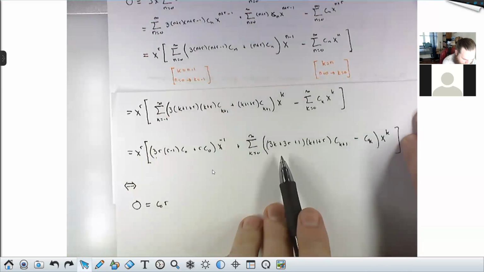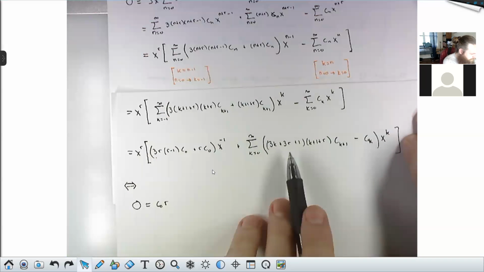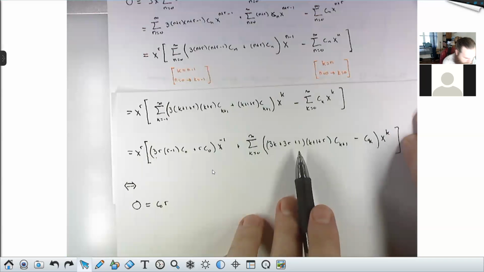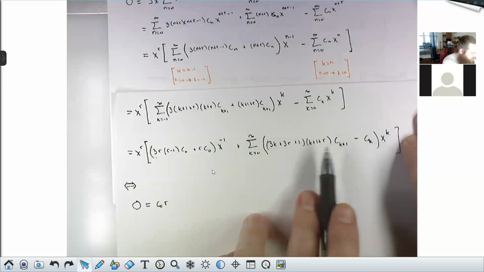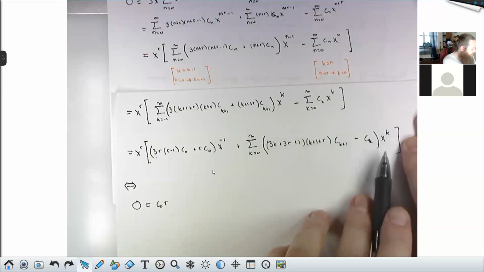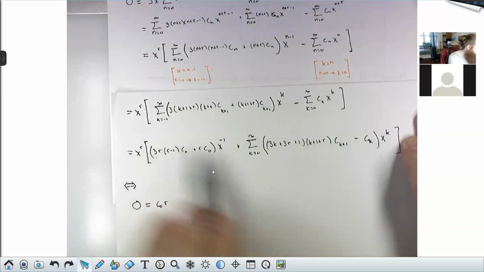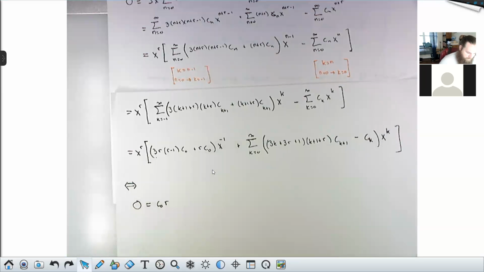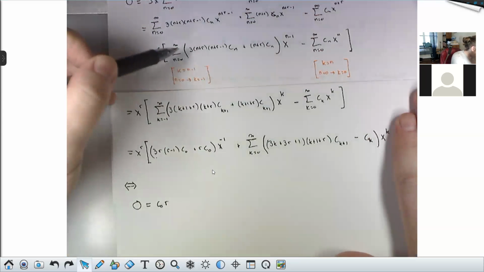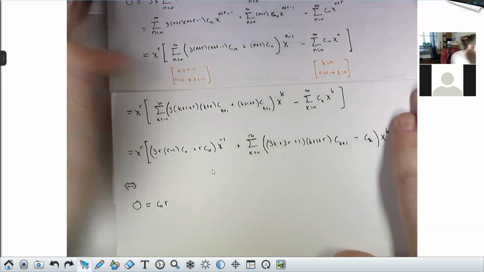So what do we get here? 3k plus 3r plus 1, k plus 1 plus r. This is good. Ck plus 1 minus ck. So this matches here. I'm just a little bit concerned because I've got a difference of 1 r from what I had when I ran through this. So I'm looking for the error. Anybody see an algebra error?